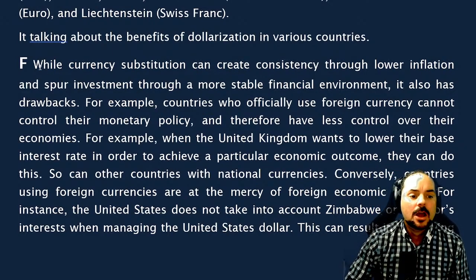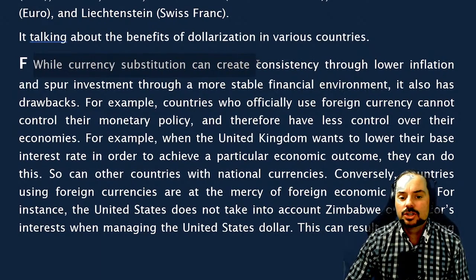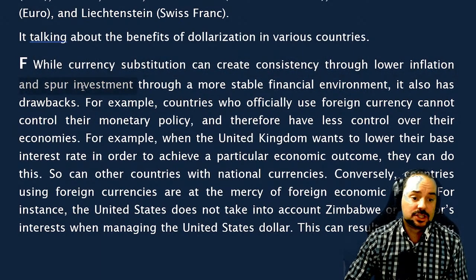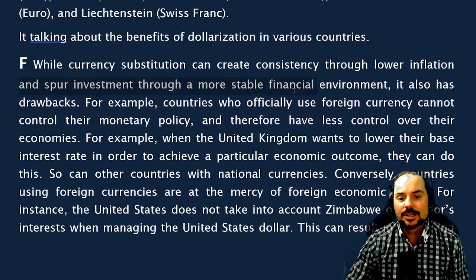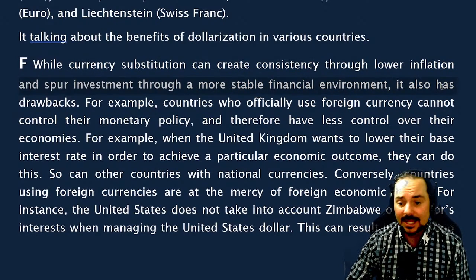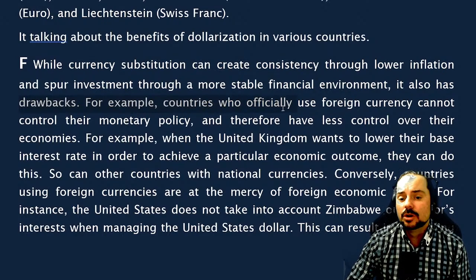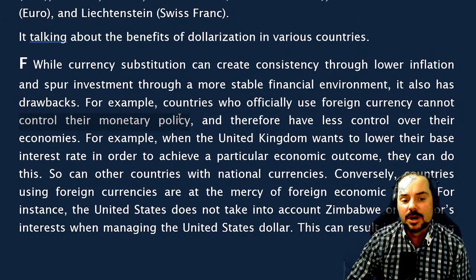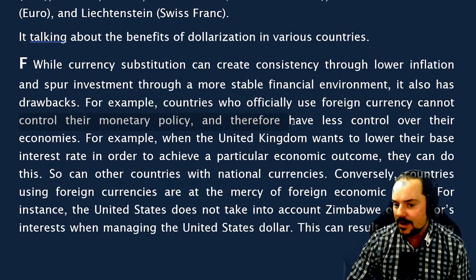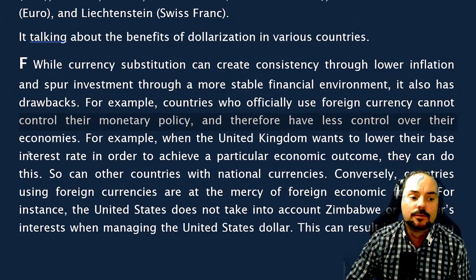While currency substitution can create consistency through lower inflation and spur investment through a more stable financial environment, it also has drawbacks. For example, countries who officially use foreign currency cannot control their monetary policy and therefore have less control over their economies.